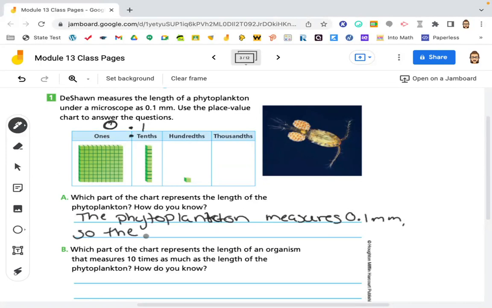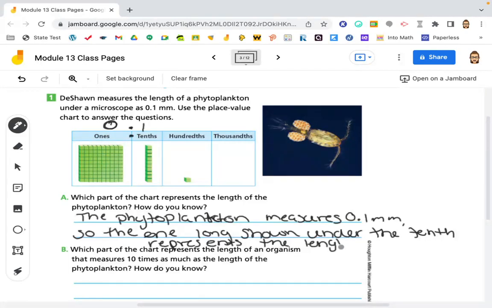So the one long shown under the tenths represents the length. So that'd be this right here.